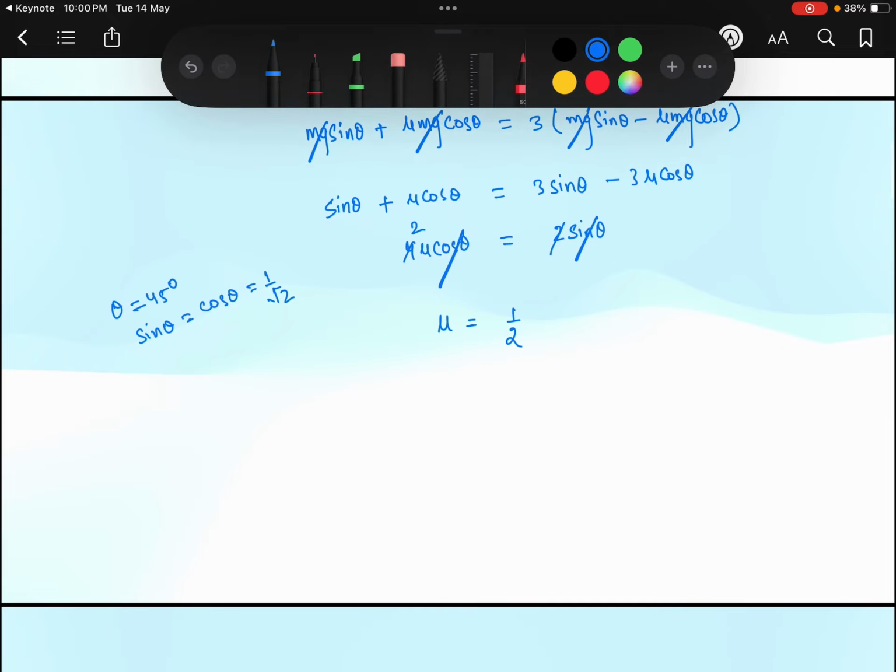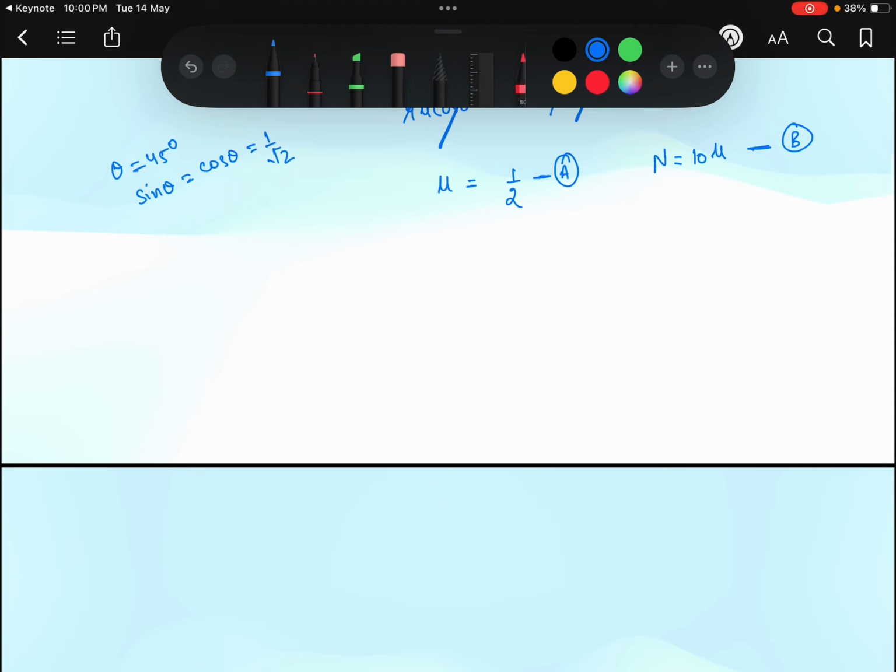So let me consider the earlier result as equation A, and n is equal to 10 mu as equation B. If I divide equation A by equation B, then mu divided by n is equal to 1 by 2 divided by 10 mu.